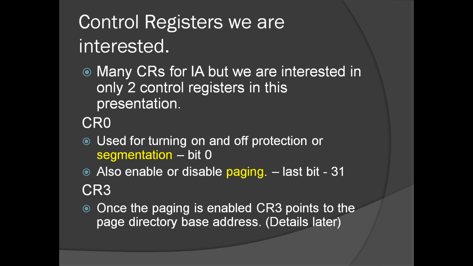It enables or disables paging in an Intel x86 CPU. This is the last bit in the CR0. So the first bit and the last bit are of our interest. Now the CR3 register is also of our interest. Once the paging is enabled, CR3 points to the page table directory base address.